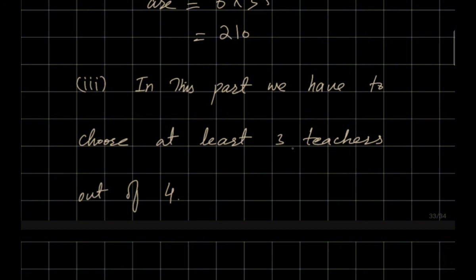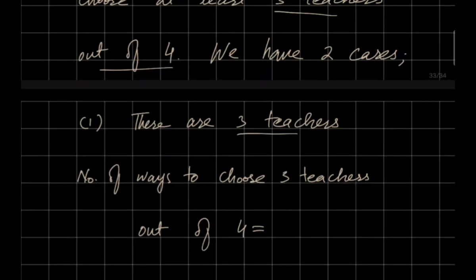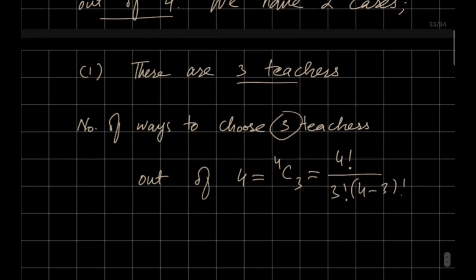Since we have to choose at least 3 teachers out of 4, we have 2 cases. In the first case, we have to choose 3 teachers out of 4. The number of ways is 4C3, which is 4 factorial over 3 factorial times (4 minus 3) factorial, whose answer is 4.